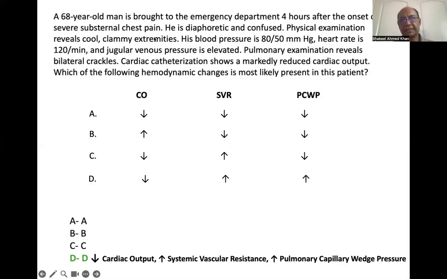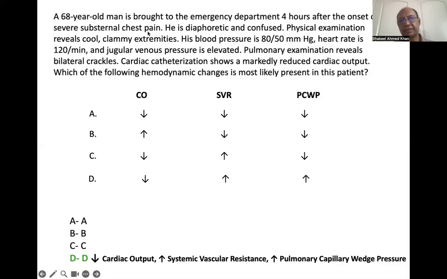What else? The extremities are cool and clammy. What is the meaning of that? There's peripheral vasoconstriction, and that's the meaning of these cool and clammy extremities.